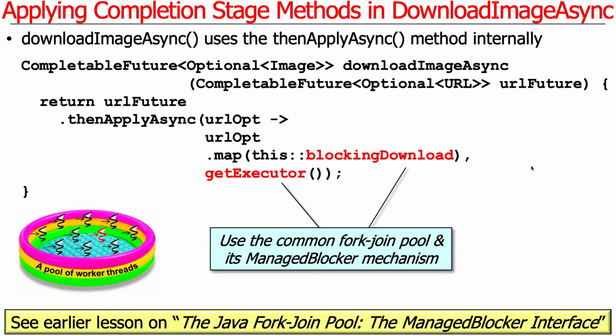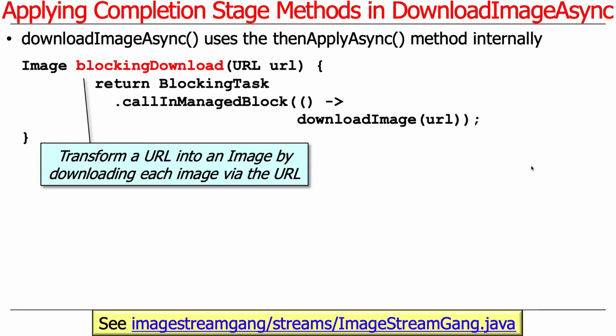And if you recall, the executor is the common fork join pool, which we've talked about before. As we'll see in a second, blocking download is going to use the managed blocker mechanism built into the common fork join pool in order to expand the fork join pool as needed to grow if we have to. And I'll show you how that works here.